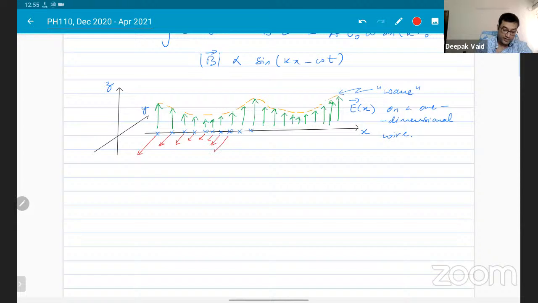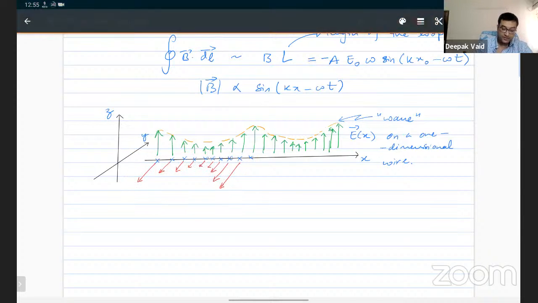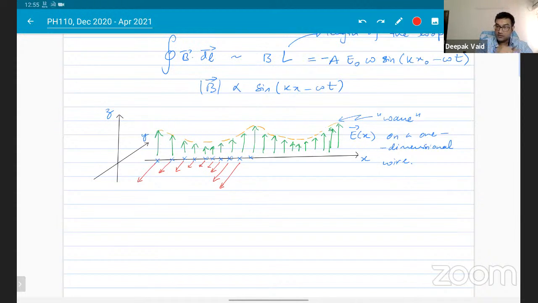And also what you find is that here I've got a sine term, but it turns out that there is a phase factor of pi by 2 that I'm missing. When I include that phase factor of pi by 2, the sine term becomes a cosine term. So the magnetic field here is actually also behaving like a cosine, the same way as the electric field does.